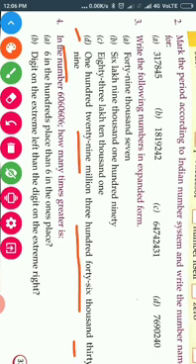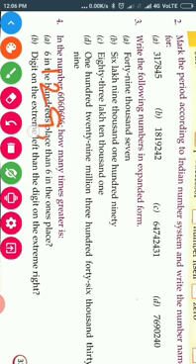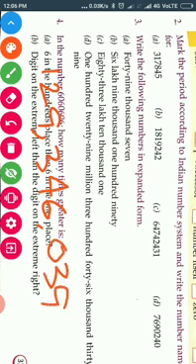First, if you want to write it in standard form, it will be 129 million 346 thousand and 39. Okay, so this is the standard form, and from this standard form you can write the expanded form very easily.